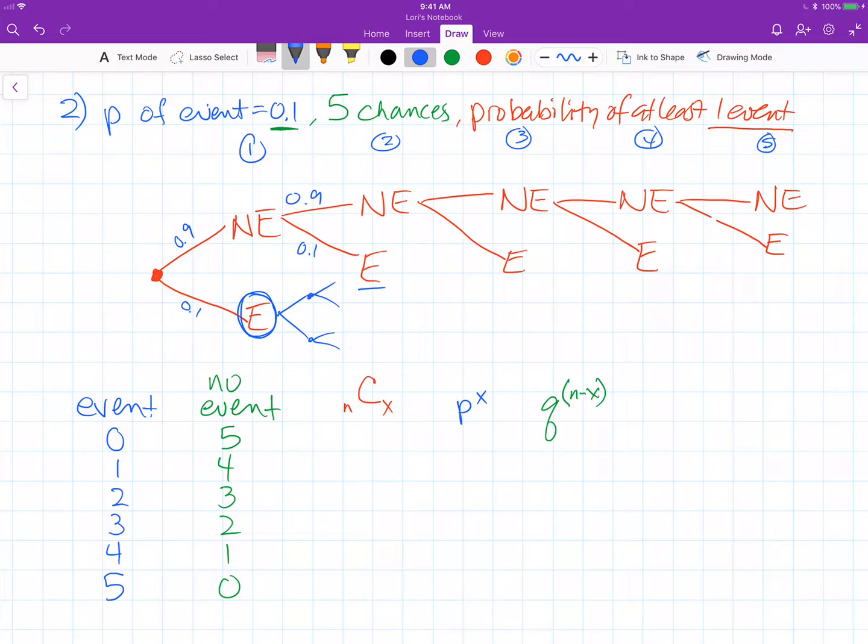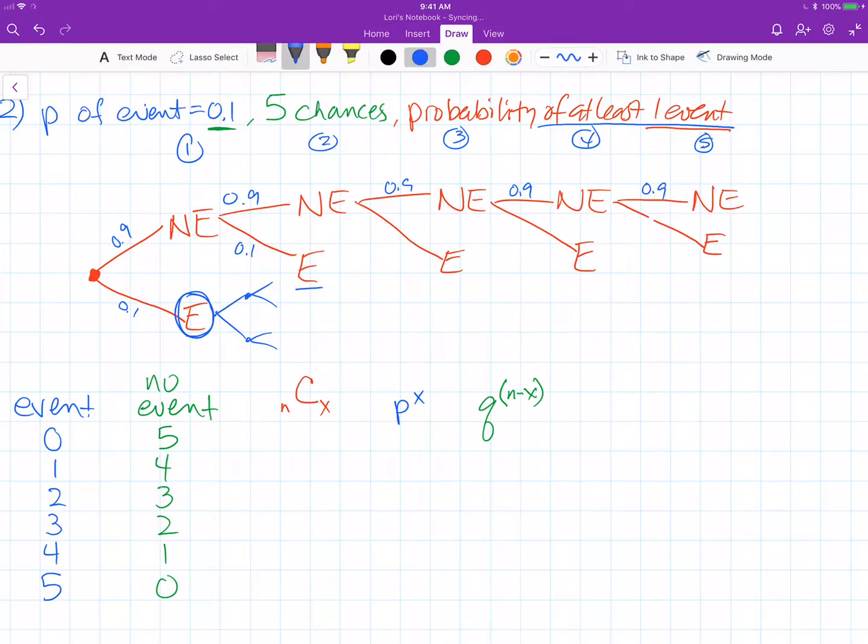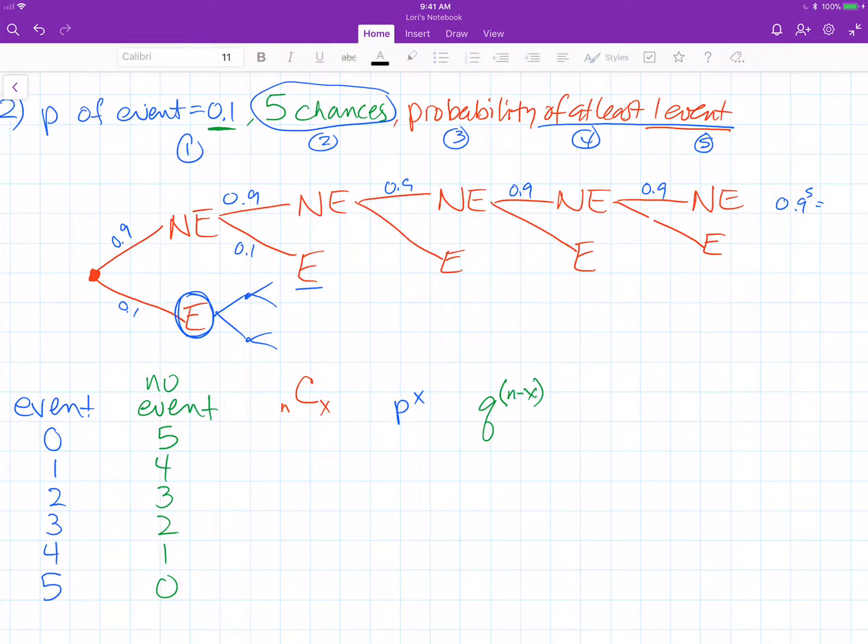So these continue branching. We're just showing the path of the probability that's the opposite of having at least one event. In other words, the probability of the event never occurring. So here we would have 0.9 again, 0.9, and 0.9. And just as we found before, if we take that 0.9 taken to the number of chances, and again here we have our 5 chances, so n equals 5, taken to the 5th power, what we end up with is 0.59049.